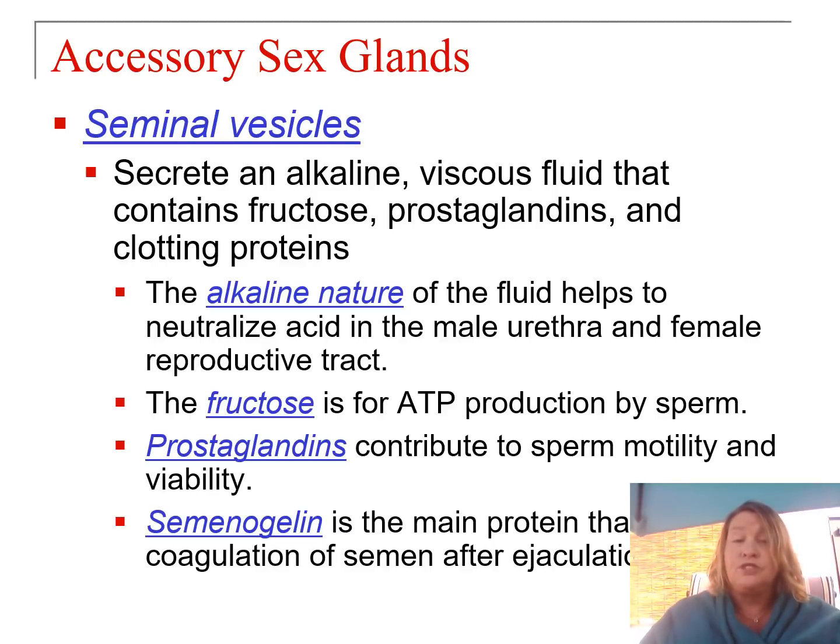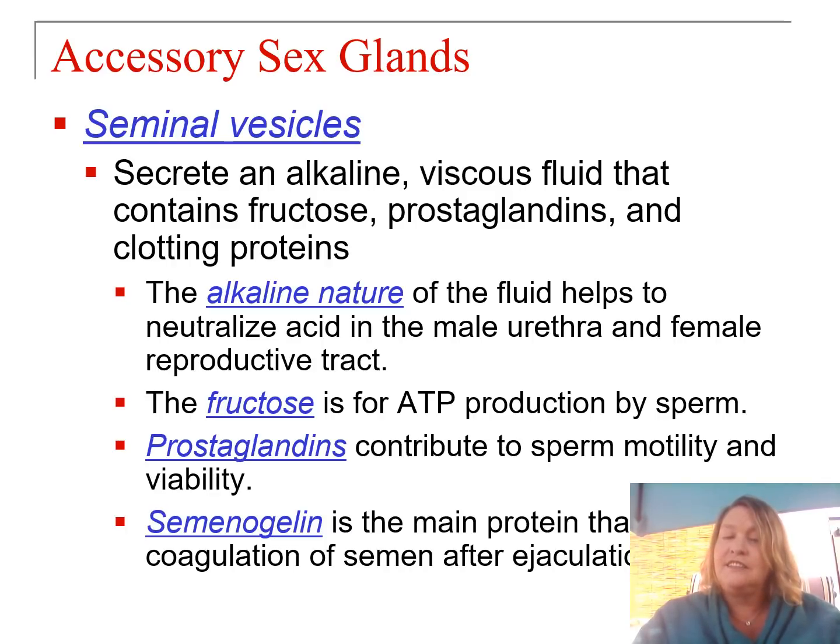Now, the fructose is needed for all those mitochondria in the midpiece for ATP production. Prostaglandins help sperm motility and viability. And finally, there's something called seminogelin. It's the main protein that causes coagulation of sperm after ejaculation.